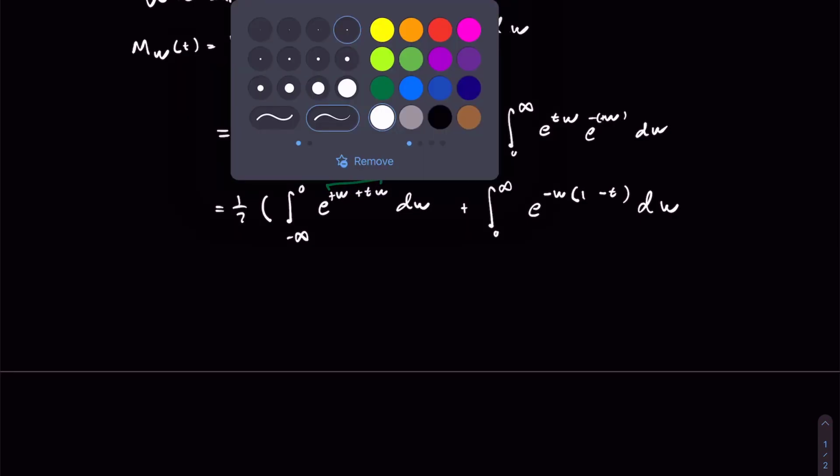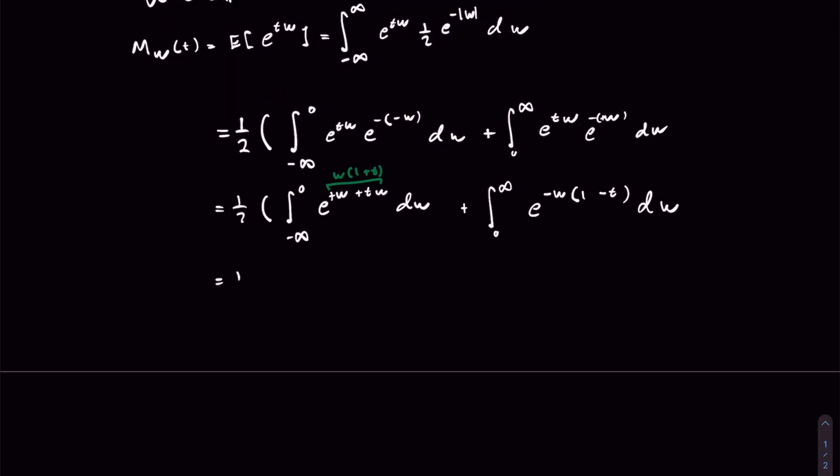Now we start evaluating these integrals. So this is now half. We are having e to the w 1 plus t, this goes from minus infinity to 0, over 1 plus t. All right. And then we have plus.